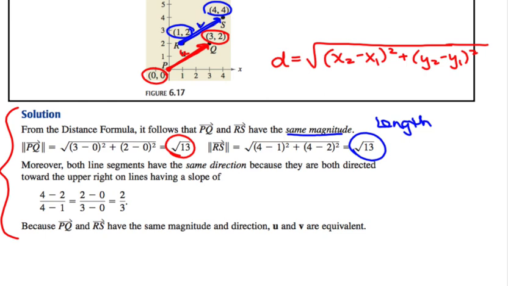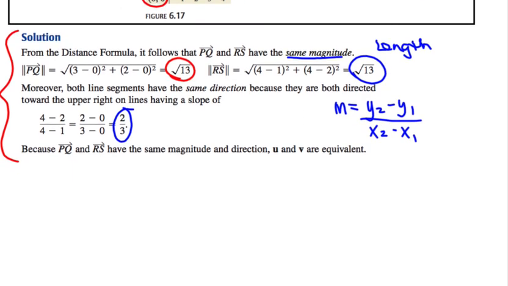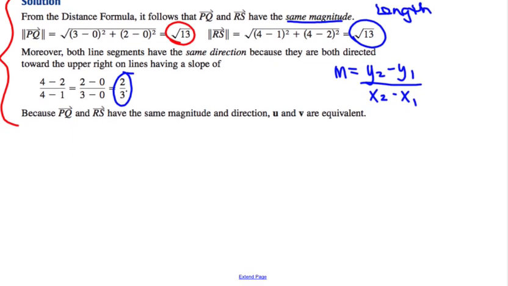For the same slope, remember slope represents rise over run, so y sub 2 minus y sub 1 over x sub 2 minus x sub 1. We won't spend the time going through that, but if you wanted to check these two slopes on your own, they both have a slope of 2/3. So you can go ahead and write this down along with the slope. They have the same magnitude and direction, so these two vectors are equal.